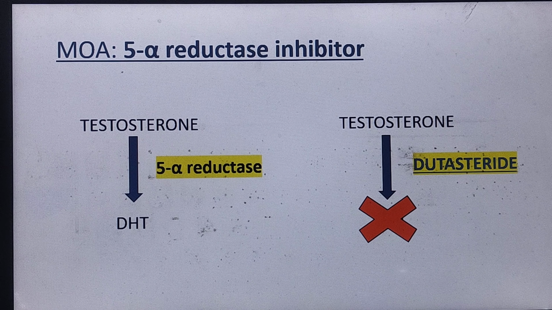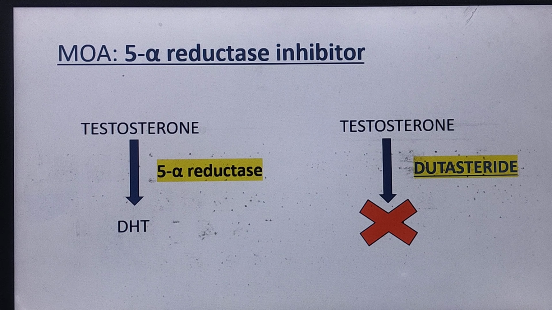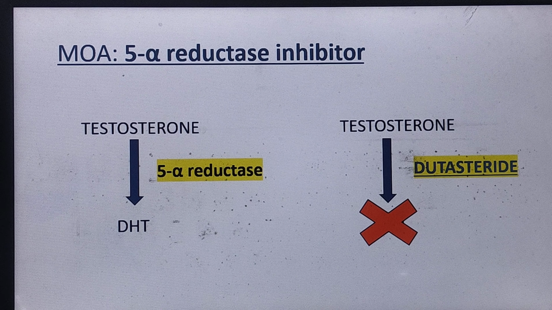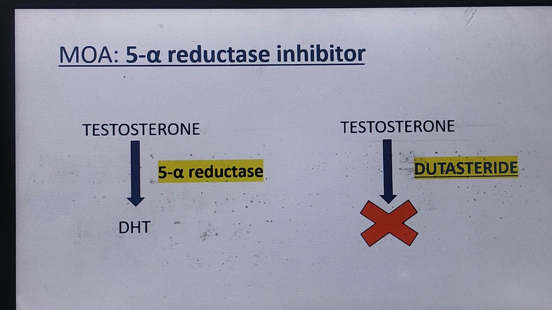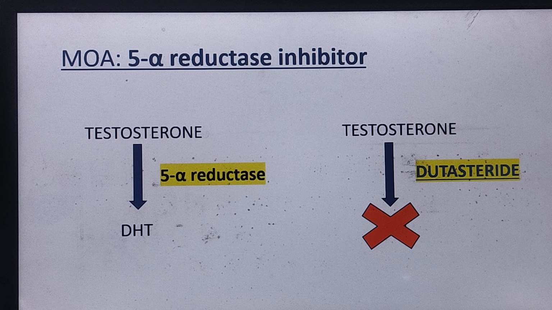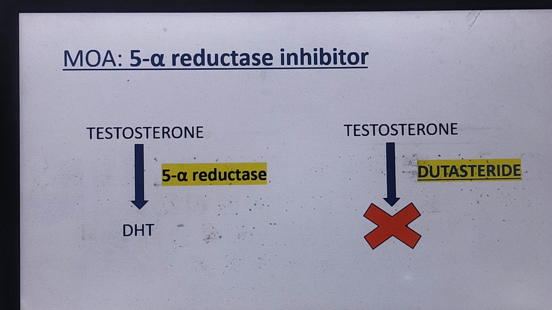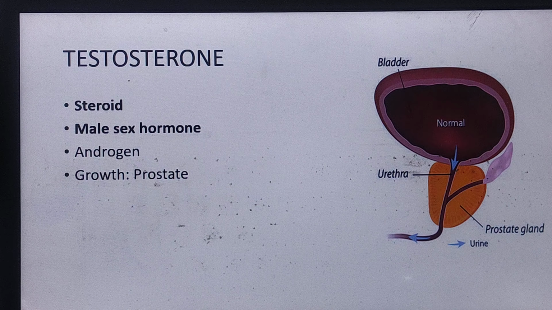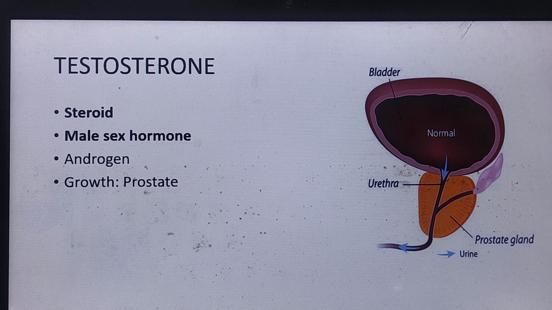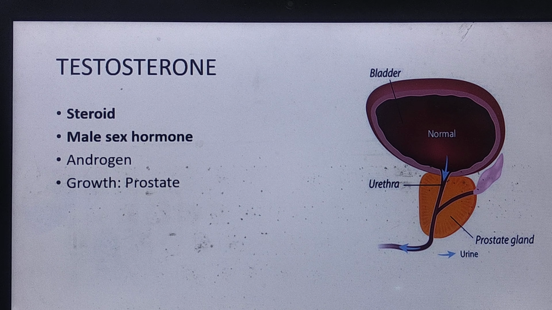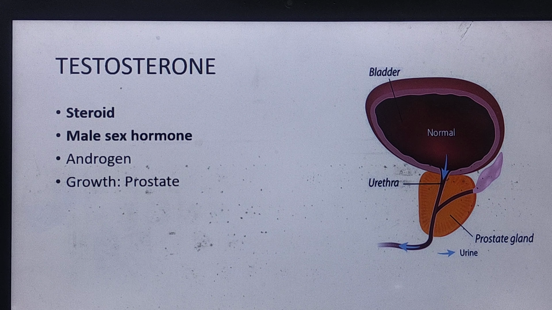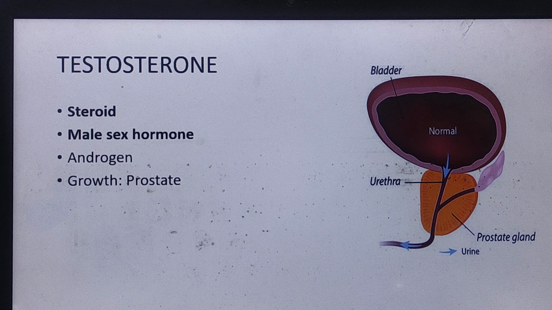This 5-alpha reductase is responsible for the conversion of testosterone into DHT, and this dutasteride inhibits 5-alpha reductase, and thus it inhibits the formation of DHT. So we will see one by one what is this testosterone, what is DHT, and what is this dutasteride.